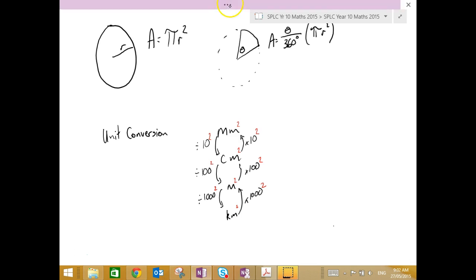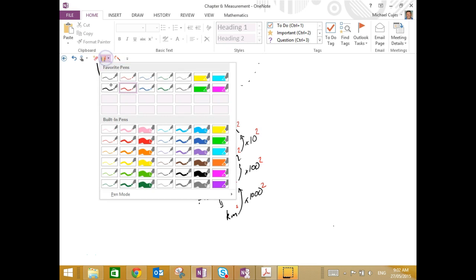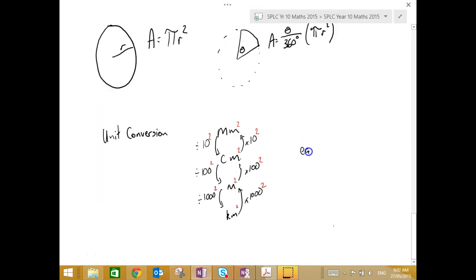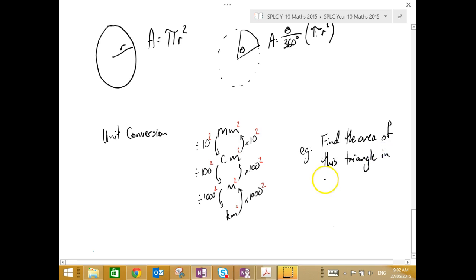So if I give you an example, find the area of this triangle in square centimeters.